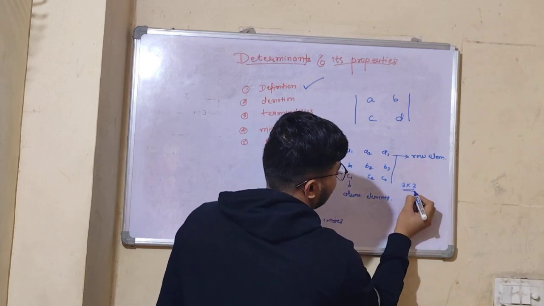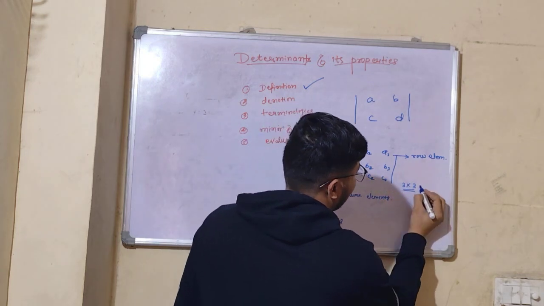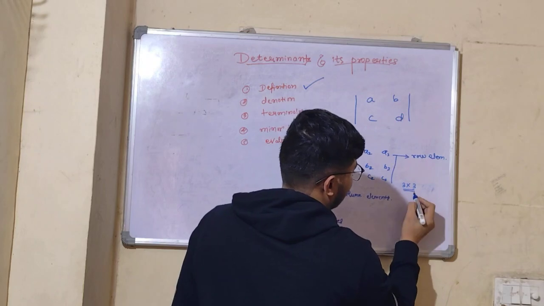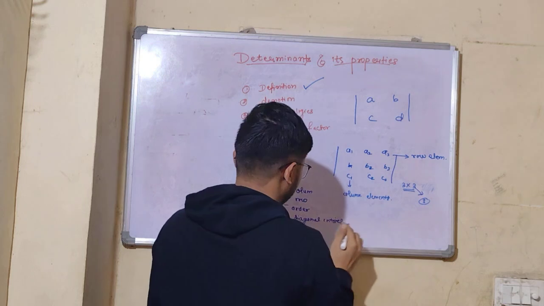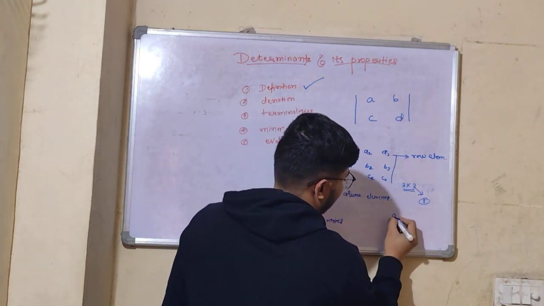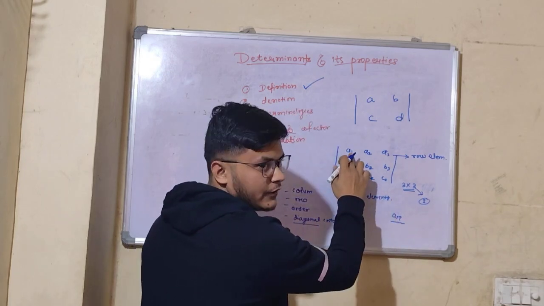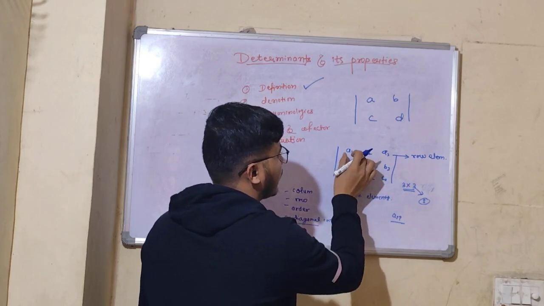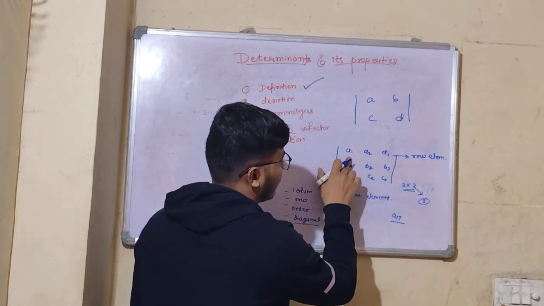We denote it as 3 into 3. This 3 into 3 does not mean the order is 9. The order we will actually say is only 3. We can directly call it as order of 3. Now the diagonal entries: the elements that come on the place of Aij where i is equal to j, we call them diagonal elements.